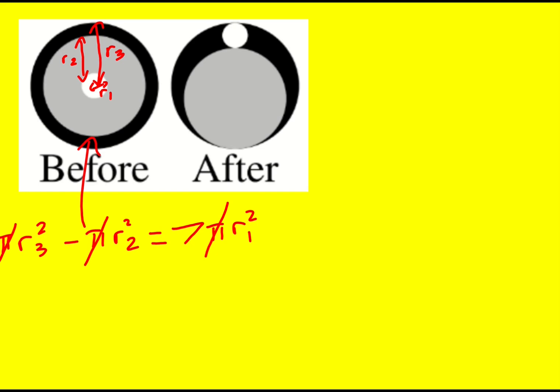Then afterwards, the area is going to be pi r3 squared, but then I'm going to be minusing pi r1 squared plus pi r2 squared, because I'm adding the white and the grey together, minusing from the main circle.